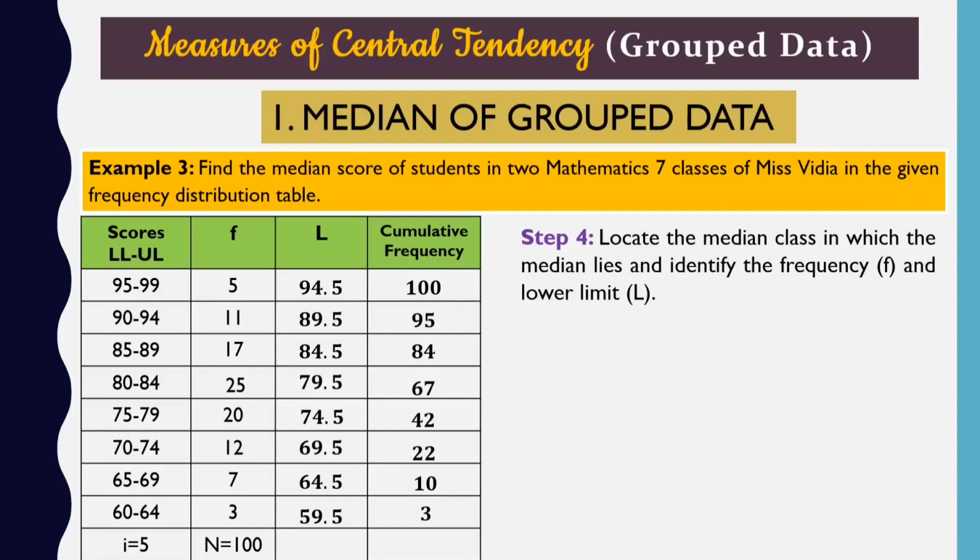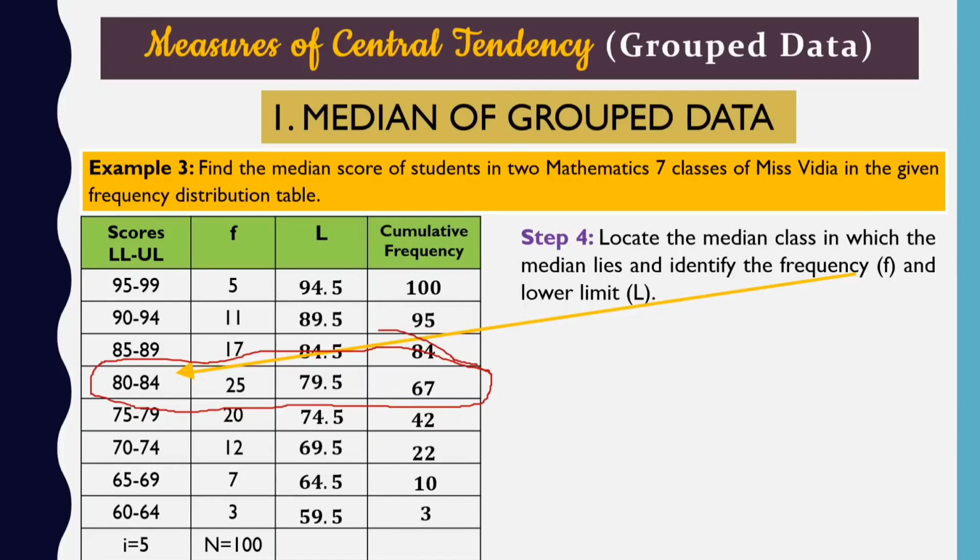For step 4, we locate the median class in which the median lies, and then identify the frequency and lower limit. Remember, our median class is 50. So 50 is located in this interval. It belongs to this interval.